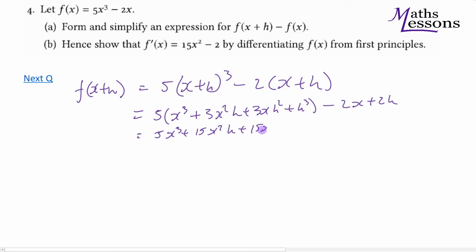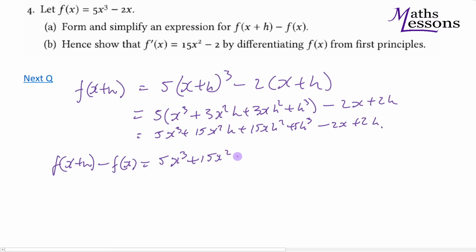And then we want to develop an expression for this. So f of x plus h minus f of x is going to be all of this. So write that all out again.